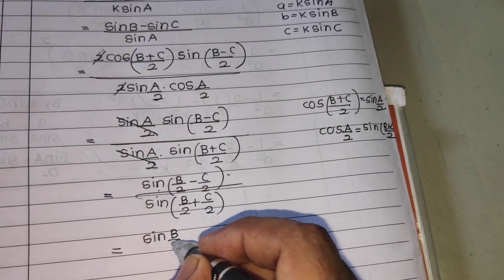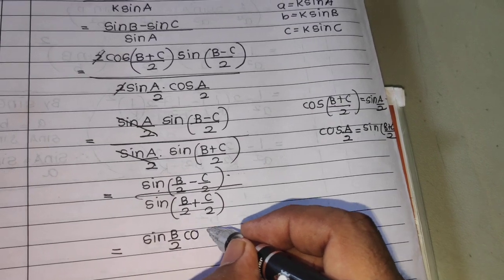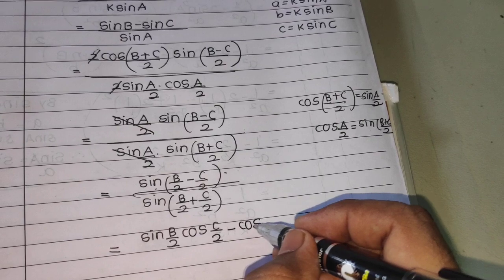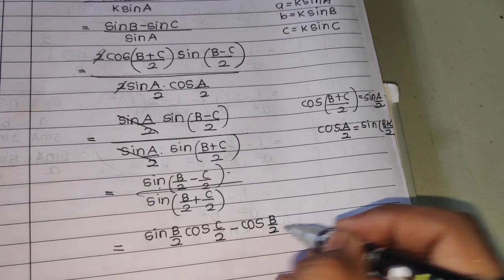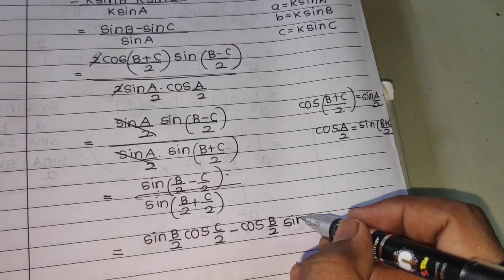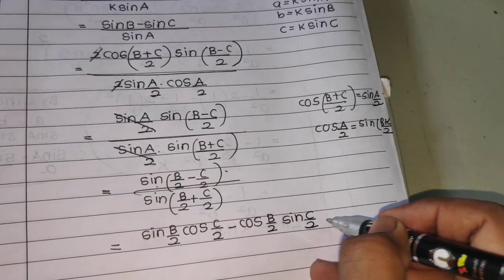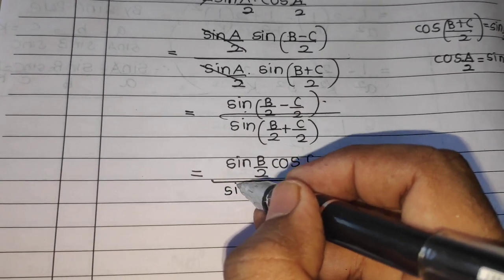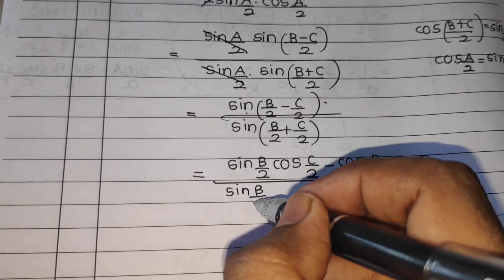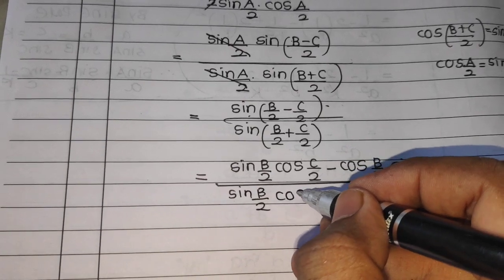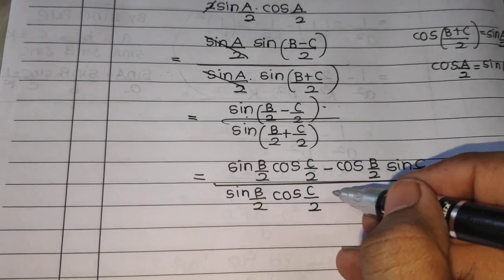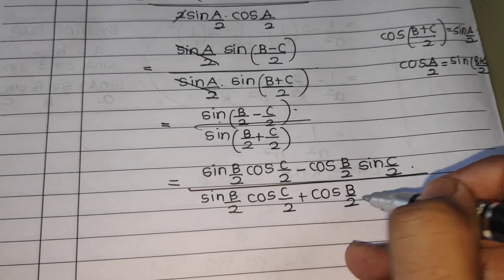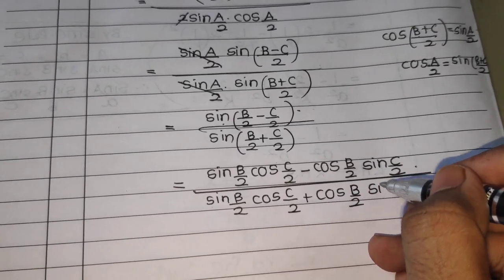Sine b by 2 into cos c by 2 minus cos b by 2 into sine c by 2, whole divided by sine b by 2 cos c by 2 plus cos b by 2 into sine c by 2.